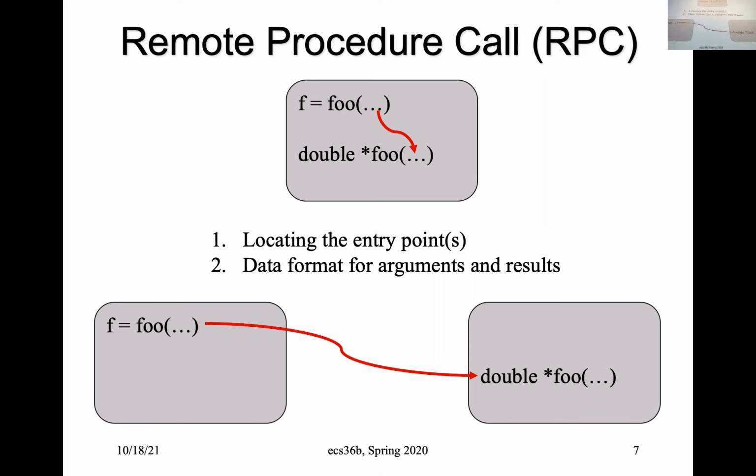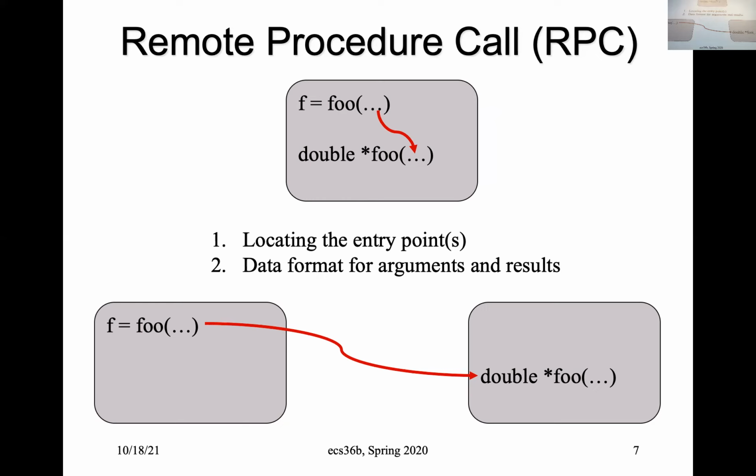Either you are in the same file, a .c or .cpp file, or they belong to two different files and you do separate compilation, but you link them together in the same makefile rule. Then this is a single program. Both the caller and the callee are in the same executable. So that's a traditional procedure call. You're calling a procedure, and everything is there.